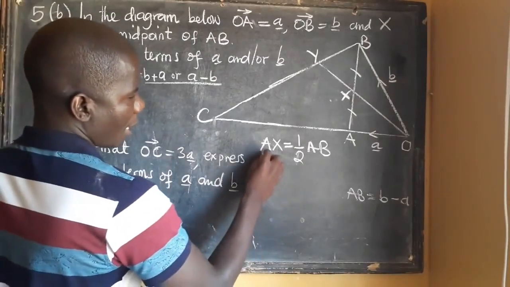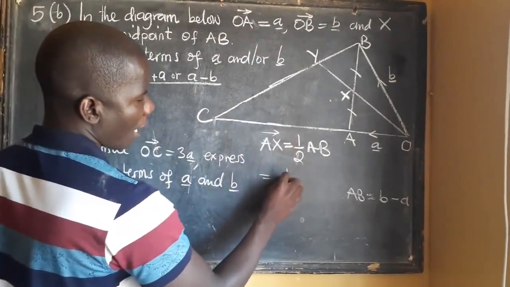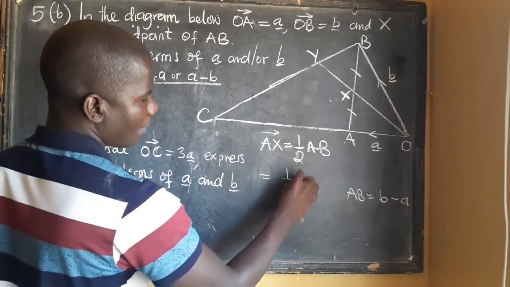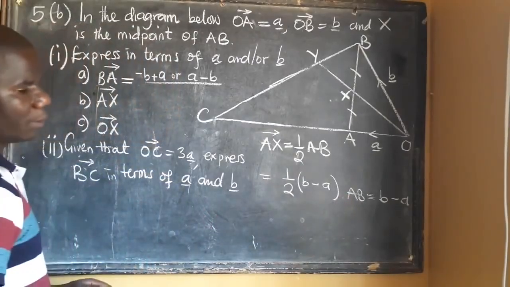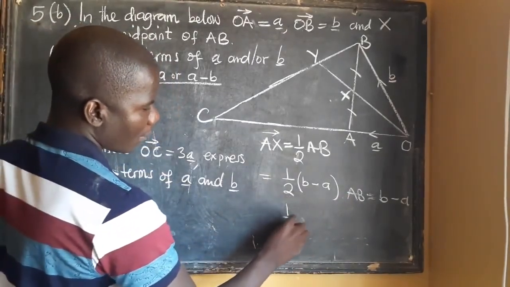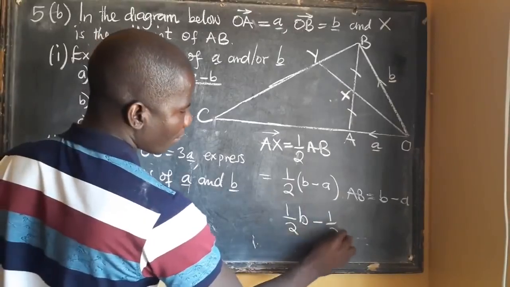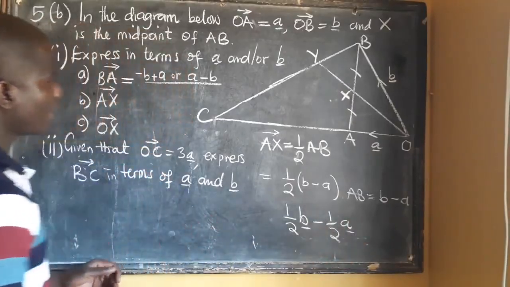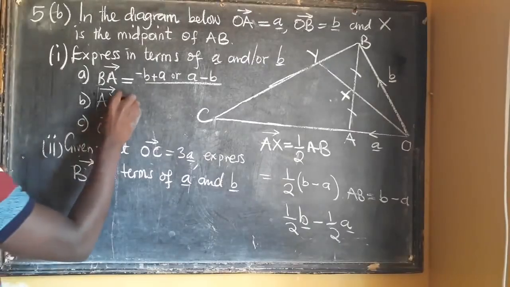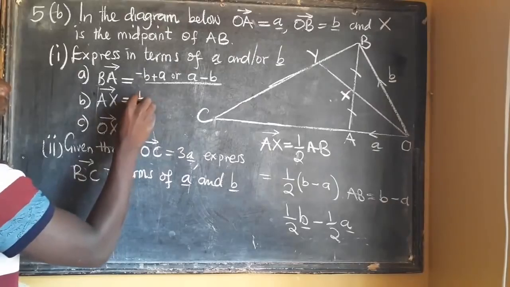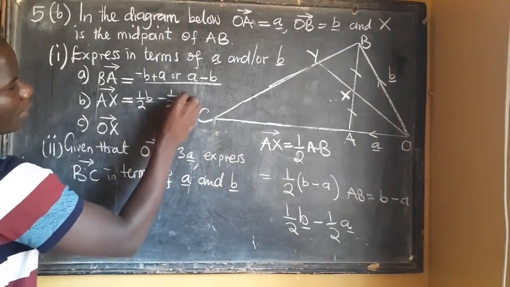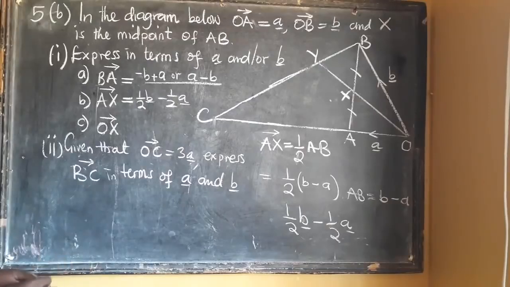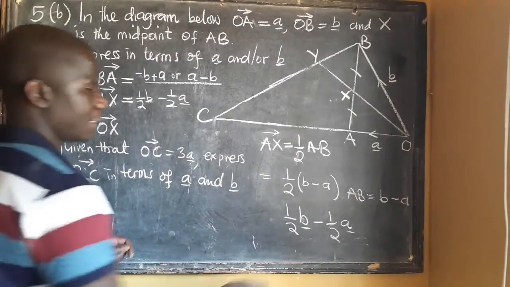So now our AX is equal to half multiplied by B minus A, which is the same as 1 over 2B minus 1 over 2A. This is what we are expecting on this part.